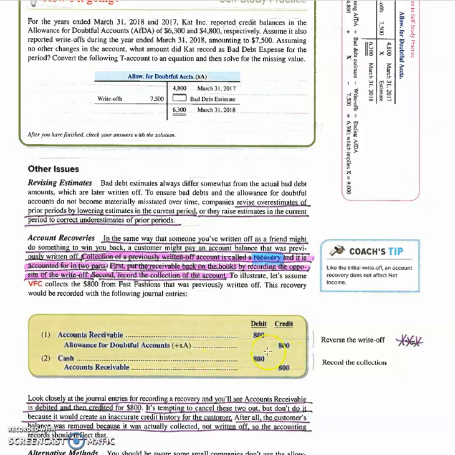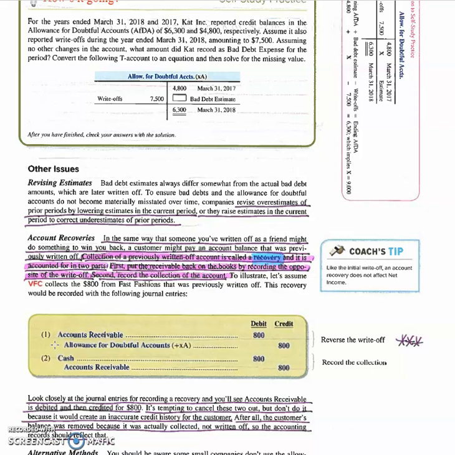Now, we set up the allowance for doubtful accounts because we knew that some people would not pay. When we wrote this account off, we said, okay, we have identified an account for $800 that's one of those that isn't going to pay. So we debited the allowance and credited accounts receivable. Now we find out indeed they are going to pay.